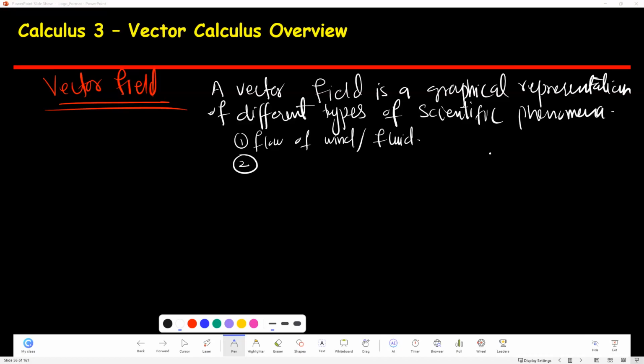But the thing is, can we see all these phenomena with our eyes? We cannot. So we need a vector field. We make a bunch of vectors, say wind is going from east to west, north to south, or whatever angle. That is why every morning when they give you the weather forecast, they tell you the direction and velocity of the wind, so you know which way the wind is going to blow.